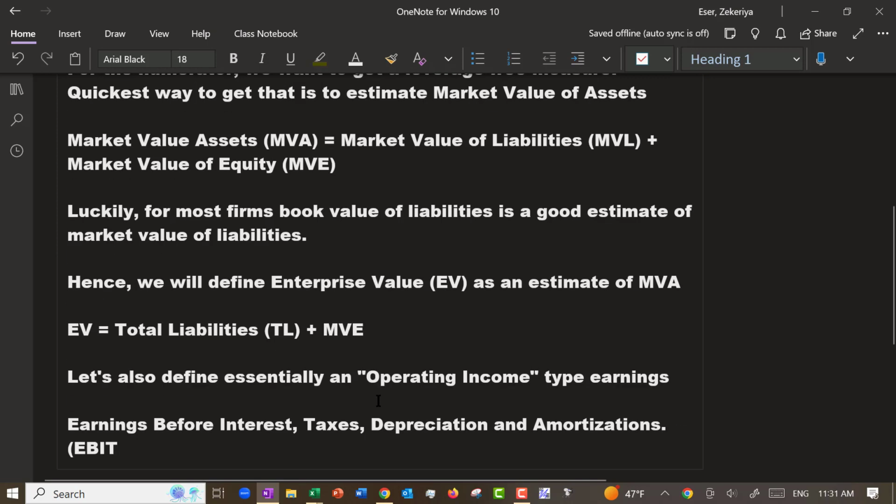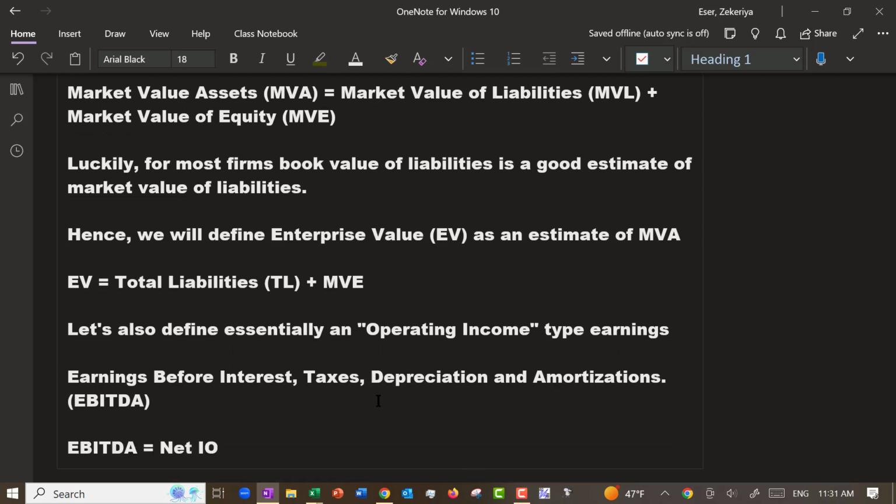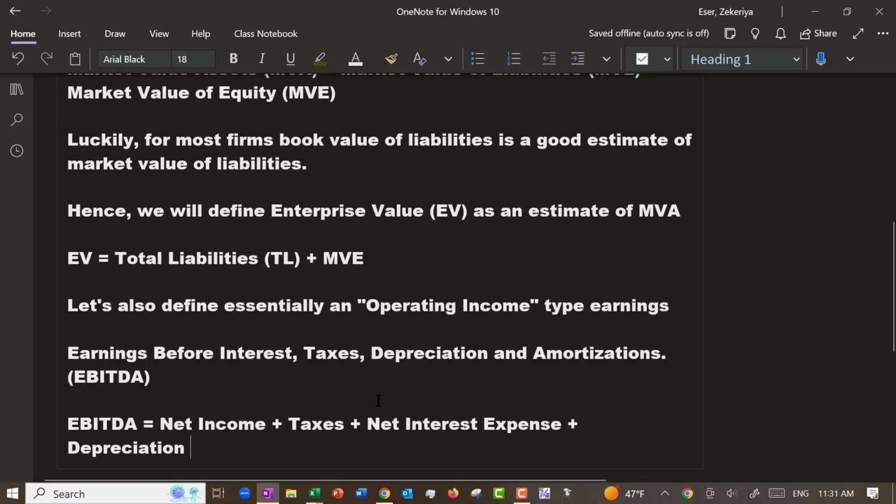Or EBITDA. So EBITDA is actually equal to net income plus taxes plus net interest expense plus depreciation and amortization.